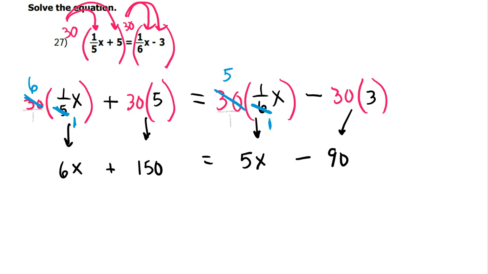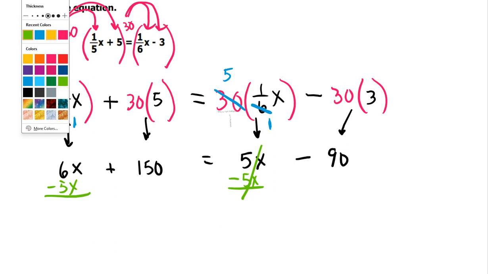All right, and now another color. Now I have to get all the x's on one side and all the non-x's on the other. That's what I like to call them, the non-x's. It's an Aprilism. I made it up. So I'm going to subtract the 5x so that it cancels out on the right. And I'll subtract the 5x on the left to keep it balanced.